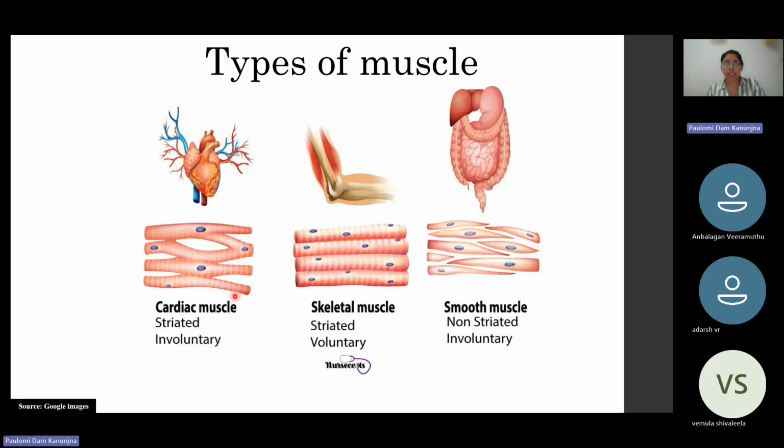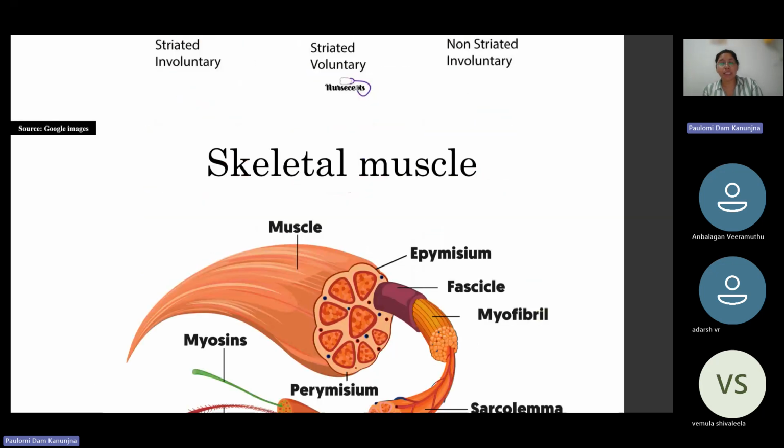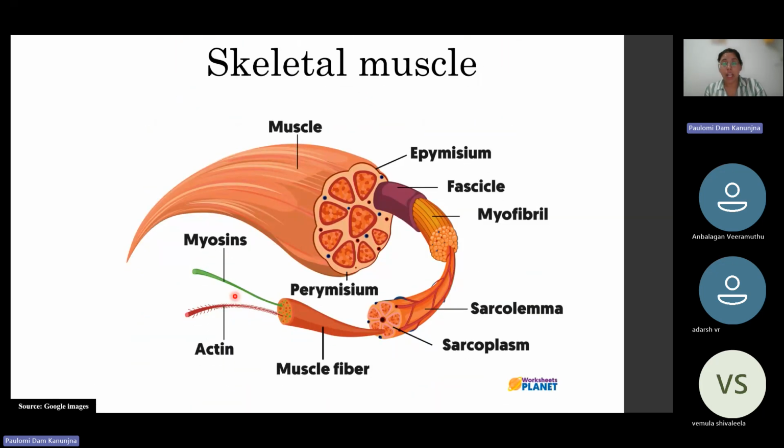These are the types of muscles, but the main muscle discussed in the lecture was skeletal muscle. One tip: whenever you are revising skeletal muscles, be very careful of the terms used, because every term has its specific meaning. My suggestion is to imagine it as a flow chart or workflow.